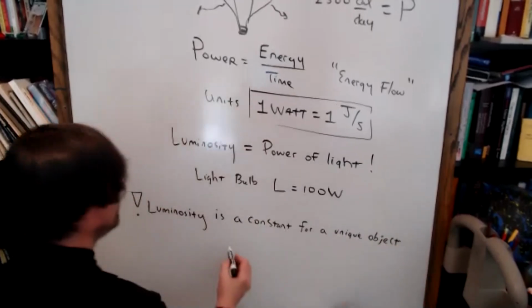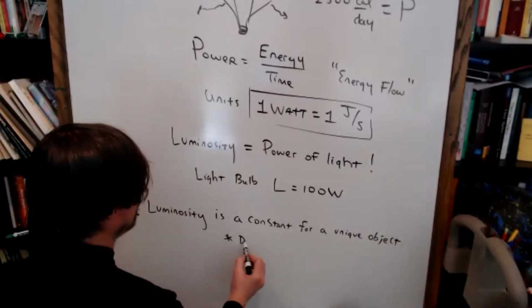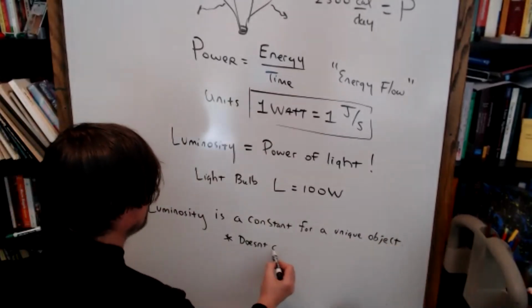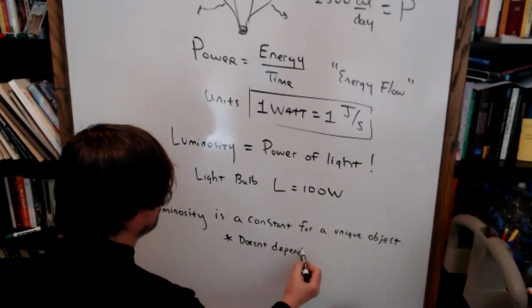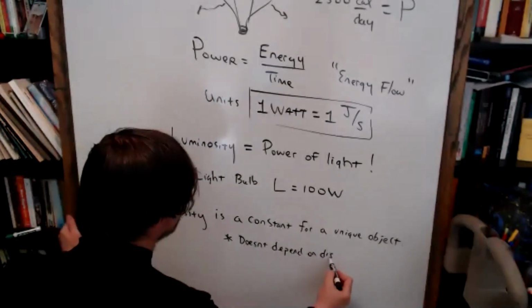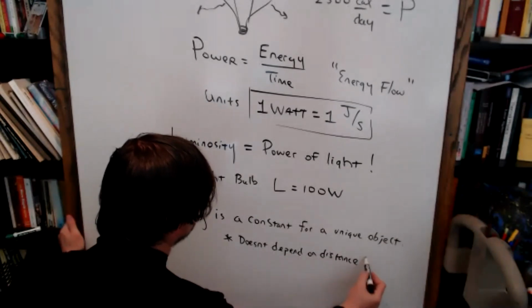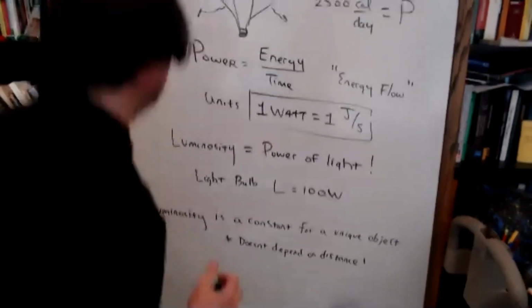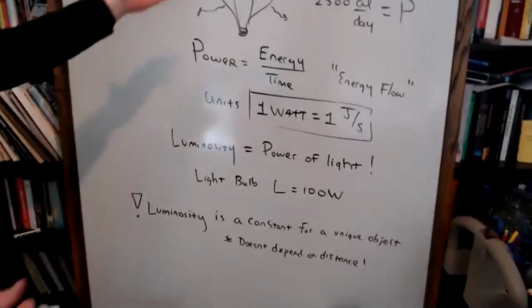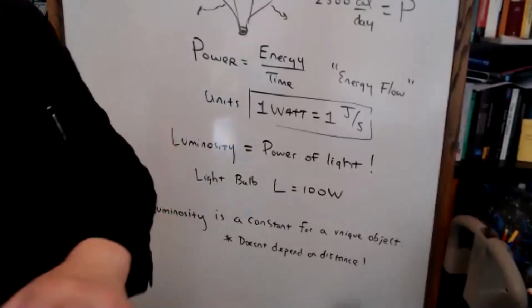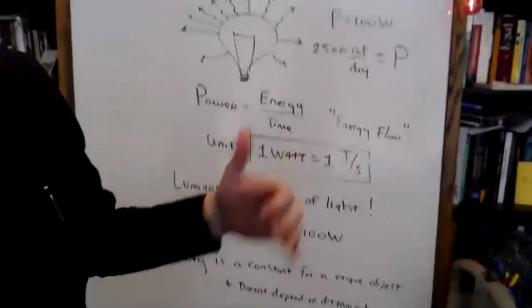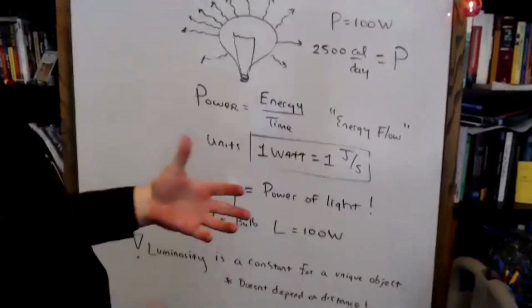And that means it does not depend upon distance. In other words, if I have a 100-watt light bulb, it doesn't matter if the light bulb is close to you or far away from you, it's still 100 watts.